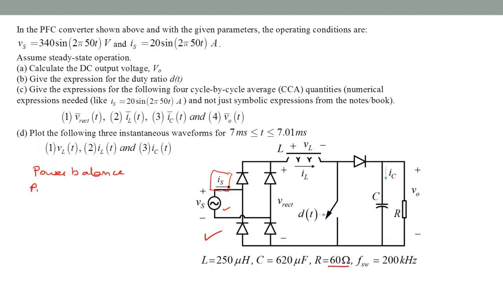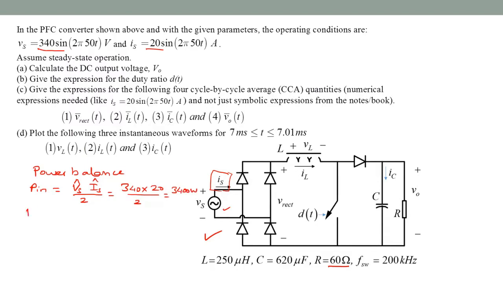So Pin on the AC side is the Vs peak or Vs hat times Is peak divided by 2. That is the input power, or Vrms times Irms, either way is fine. So Vs peak from the given Vs is 340, and the Is peak is also given, which is 20 over 2. Okay, that's 3400 watts.